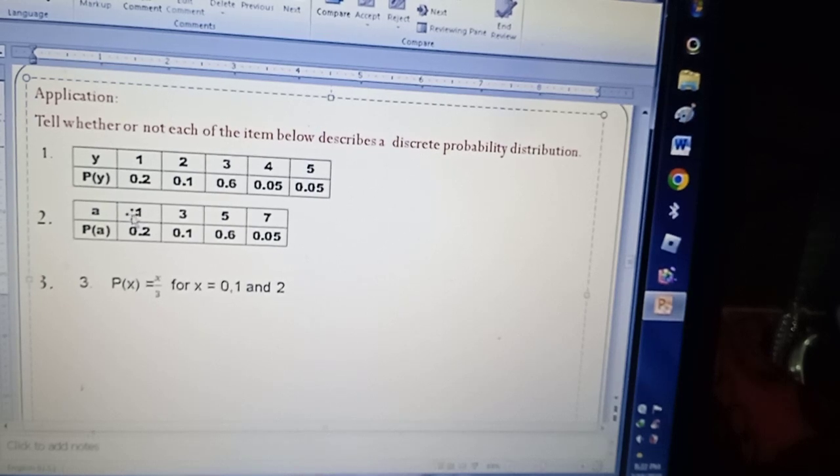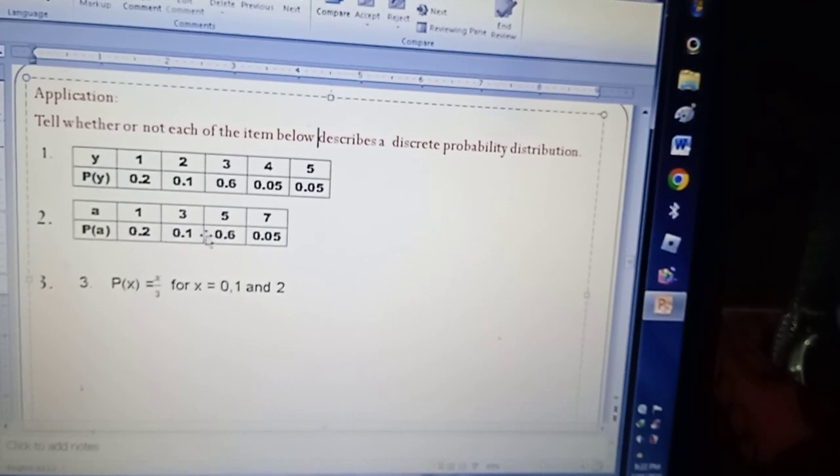A is a random variable 1, 3, 5, 7, and its corresponding probability P of A is 0.2, 0.1, 0.6, and 0.05. This qualifies property number 1, which is ranging from greater than or equal to 0 and less than or equal to 1.